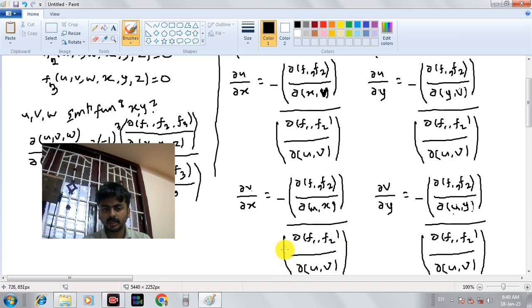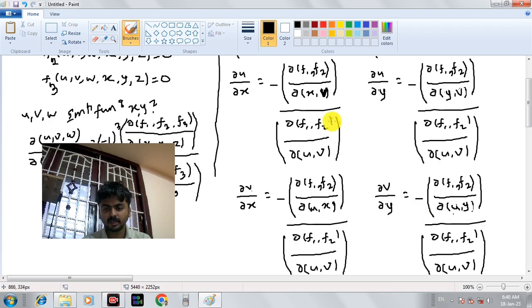And here for v, we have to change the position. If I am differentiating v with respect to x, the second variable is x and the first variable is other than v, so we are having u. And with respect to y, v with respect to y means the second variable is y and the first variable is other than v, that is u.